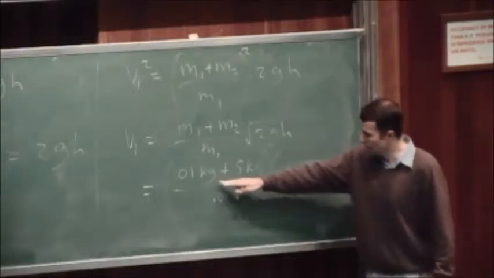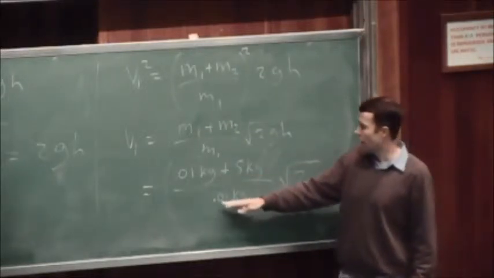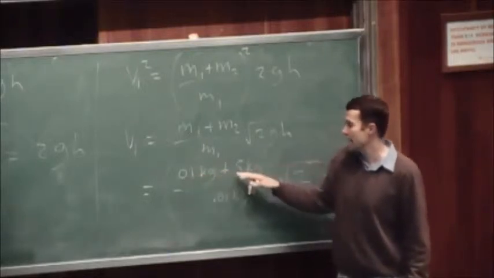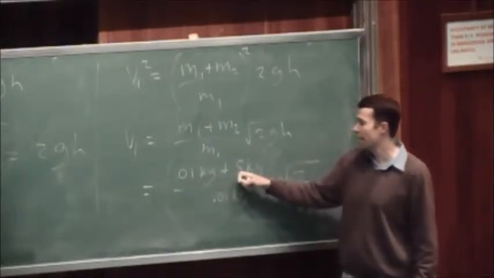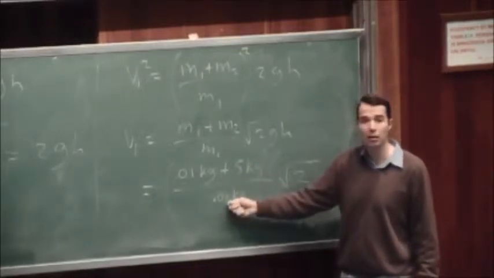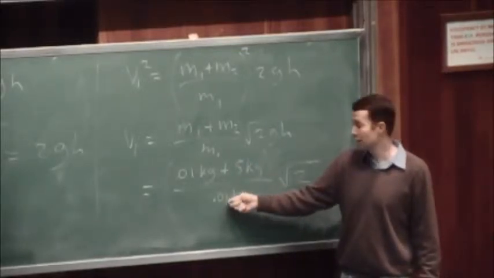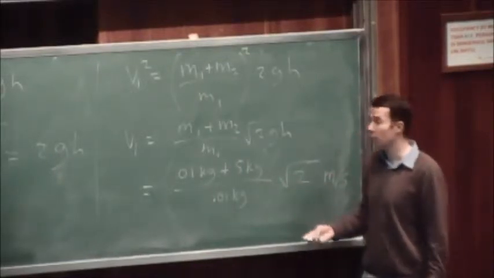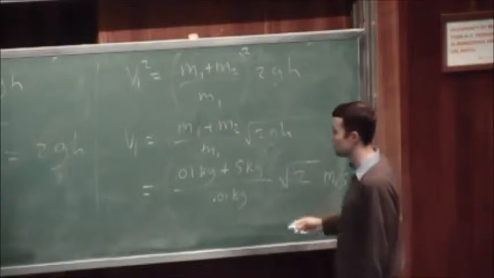And now, I'm just going to approximate this. Adding 0.01 onto 5 is essentially still 5. The important part is that now we're dividing by 0.01, which makes this about 500 times the square root of 2, which means that we're about 700 meters per second.